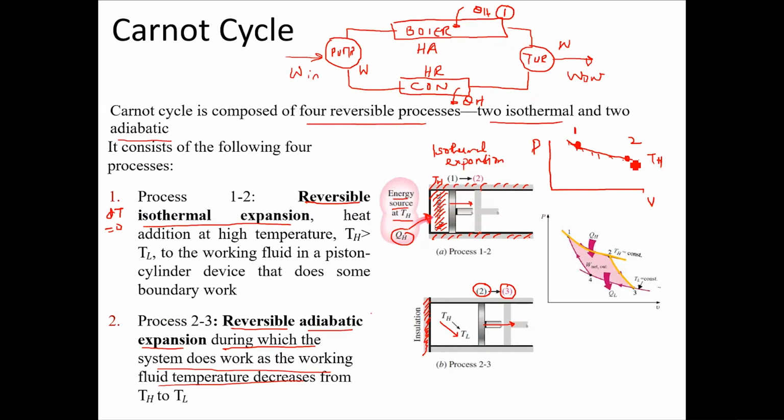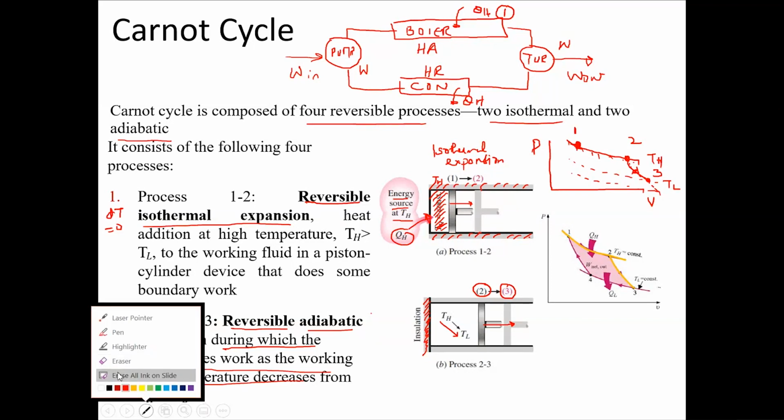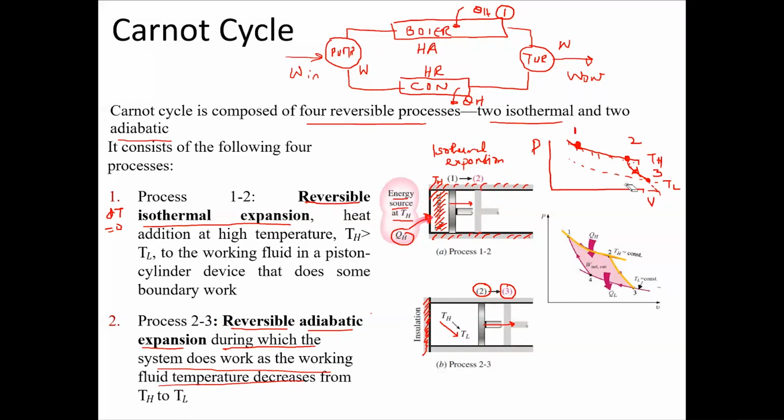Then from 2 to 3, I had this smaller temperature line, which I'll draw a little over here. This line is the lower temperature line. So my system moved from 2 to 3, again the system is expanding, but this time during the expansion there was a decrease in temperature. All right, so this is TL.